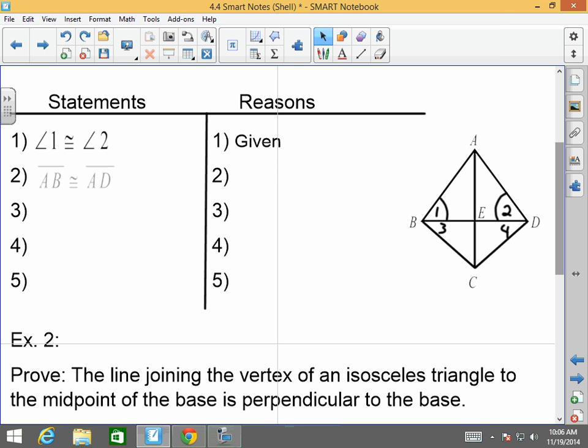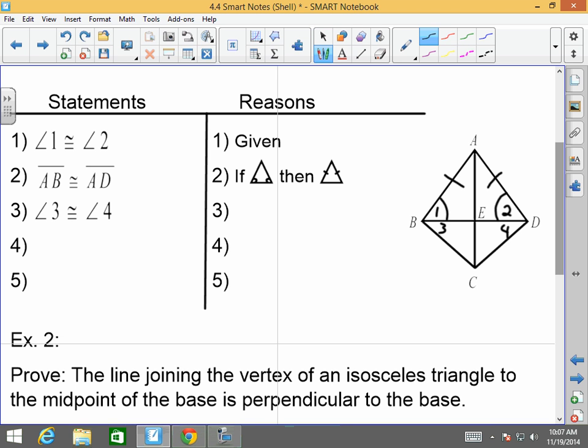Okay. I can easily now say that AB is congruent to AD because if the base angles are congruent, then the legs are congruent. Number 3. Angle 3 is congruent to angle 4.